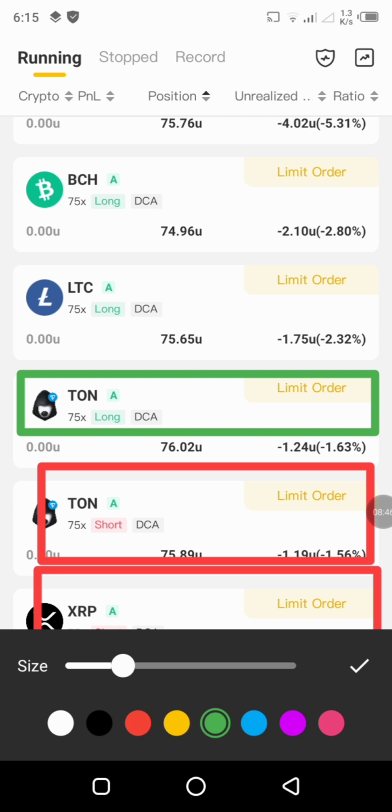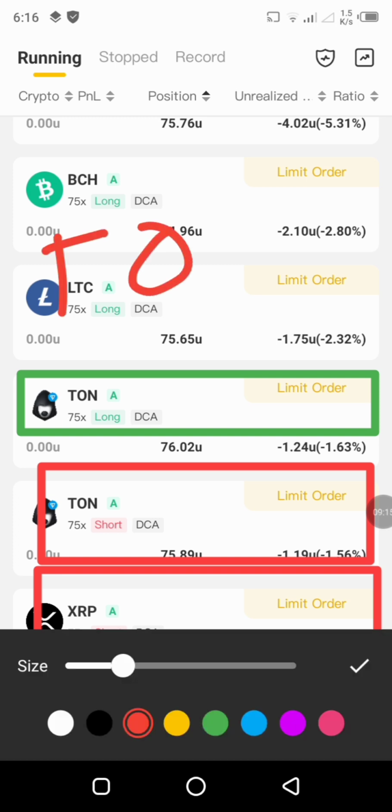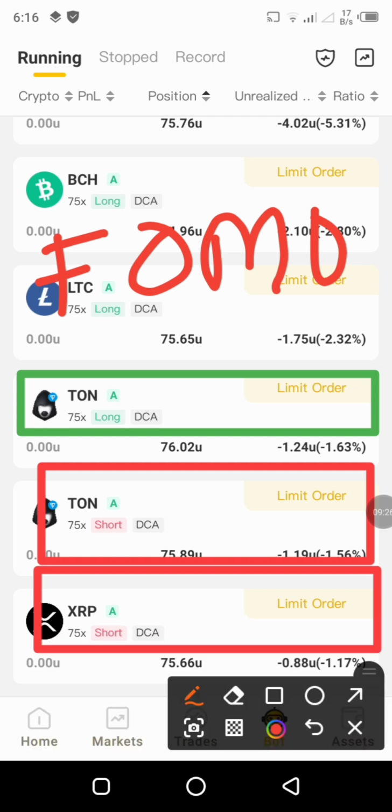There are things you need to consider while on trade, and one is FOMO, which is fear of missing out. It happened to me yesterday. I closed my trade, as I said earlier, because I was losing.